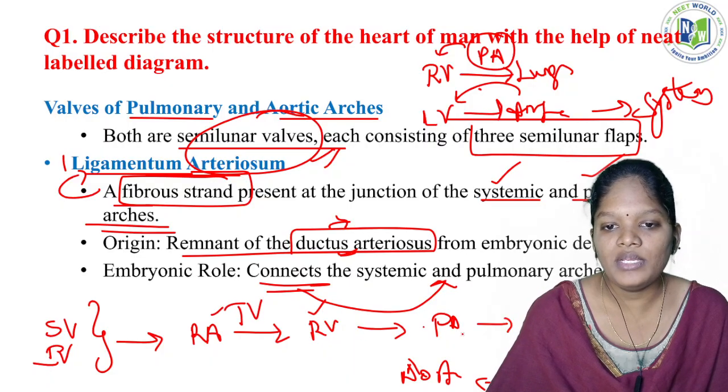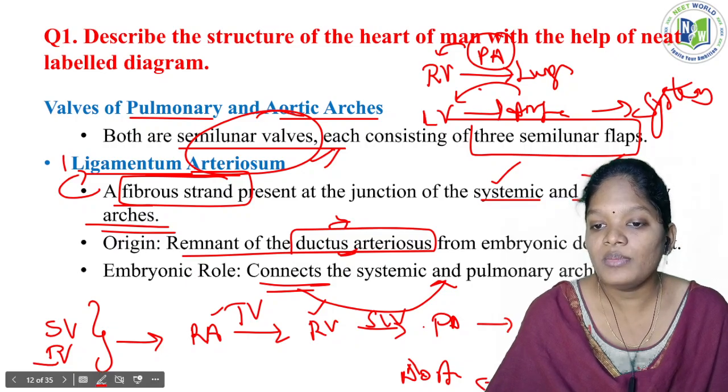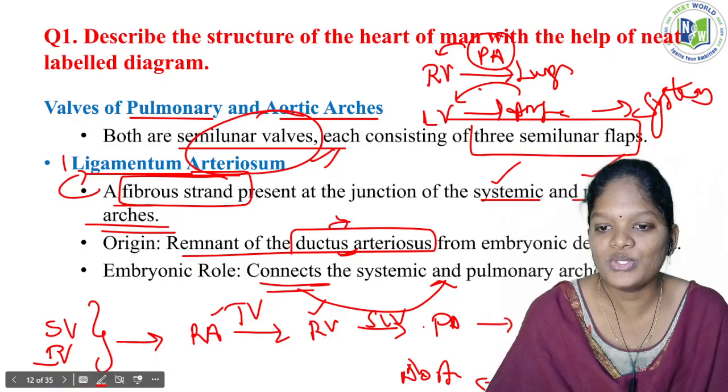From the right ventricle to the pulmonary artery, there is a semilunar valve. From the lungs, the pulmonary veins take the blood to the left atrium, and between the left atrium and the left ventricle there is a valve called the bicuspid valve or the mitral valve.